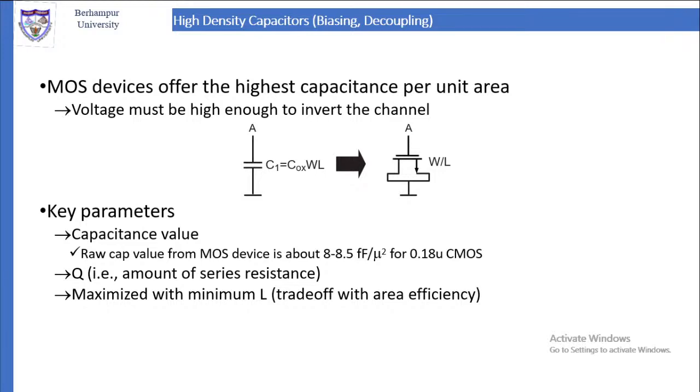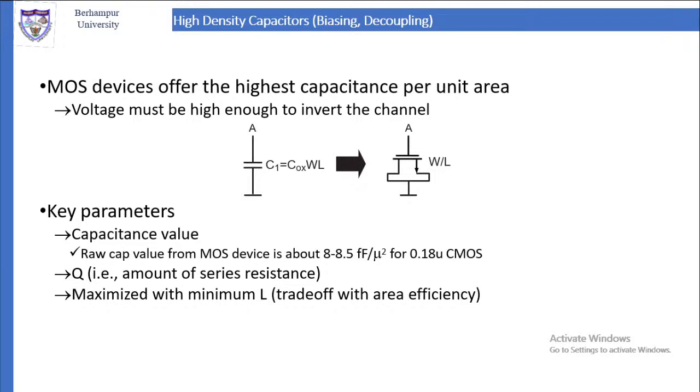A key parameter of these high density capacitors, or MOS devices as capacitors, is the capacitance value, which is between 8 and 8.5 femtofarad per micrometer square for 0.18 micron CMOS technology. If you are using 0.18 micron CMOS technology, this is the raw capacitance value for MOS devices. Usually high Q is obtained, maximized with minimum length.